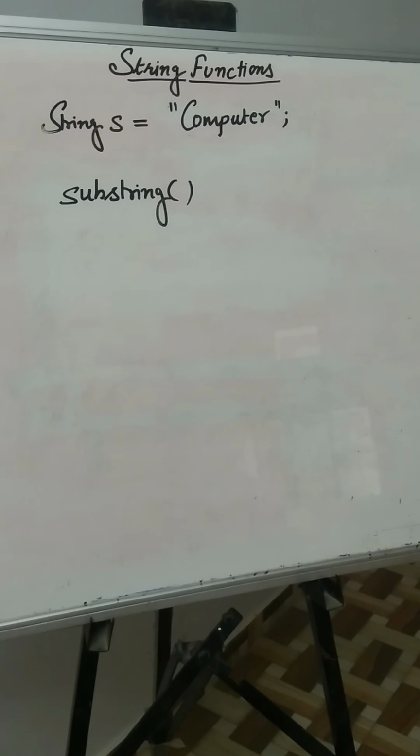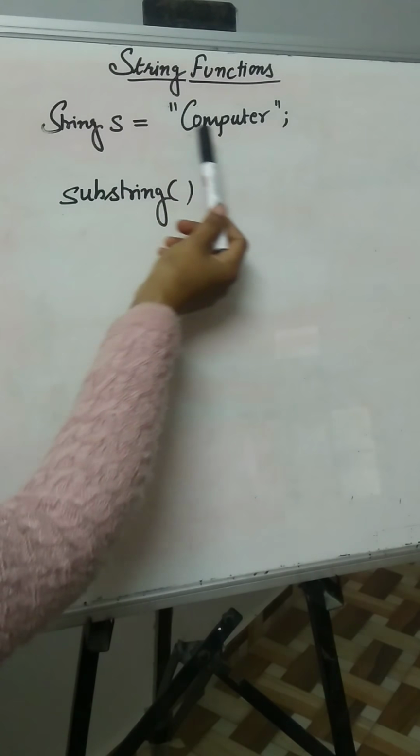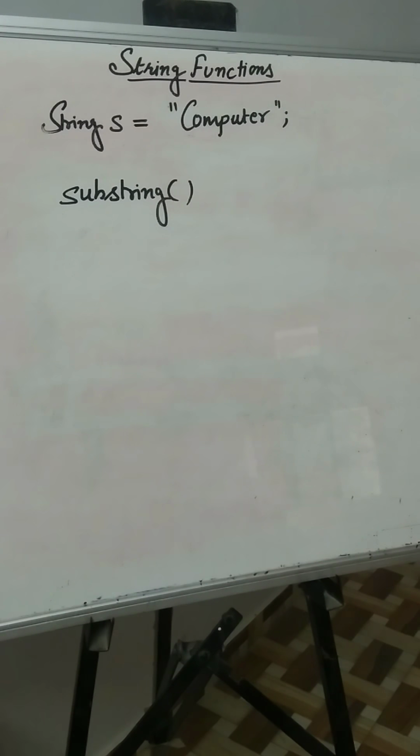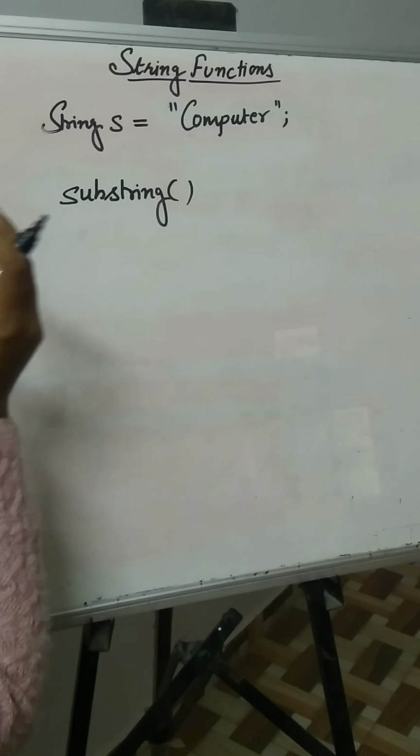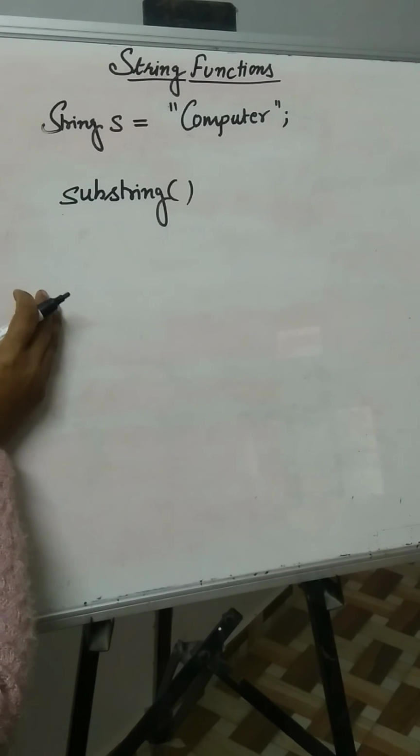Next function is the substring function. This function is used to extract a part of a string. Suppose here we are storing a string as computer. Now a part of a string will be stored in which data type?